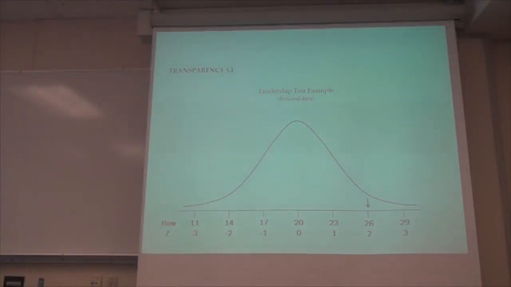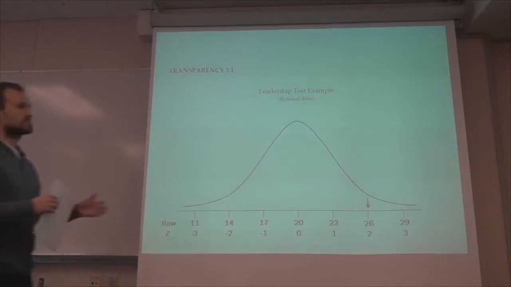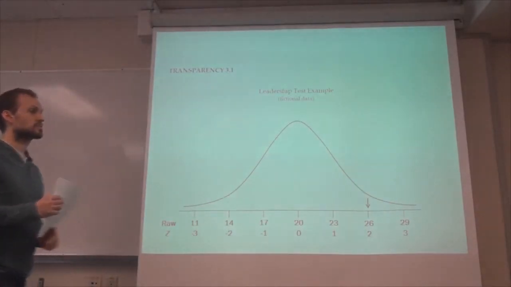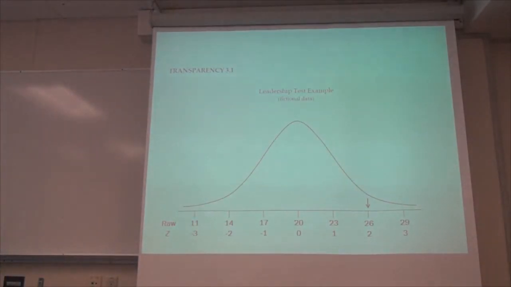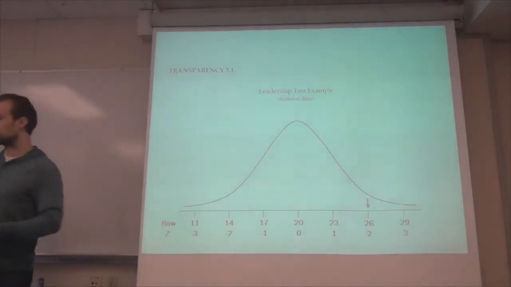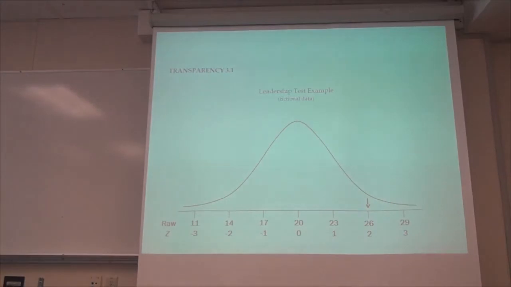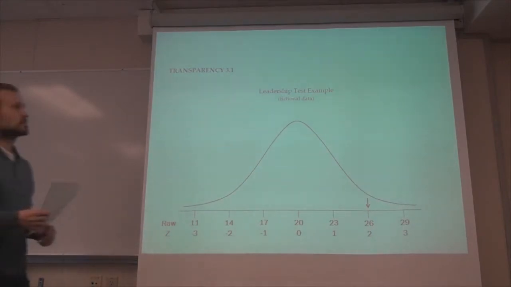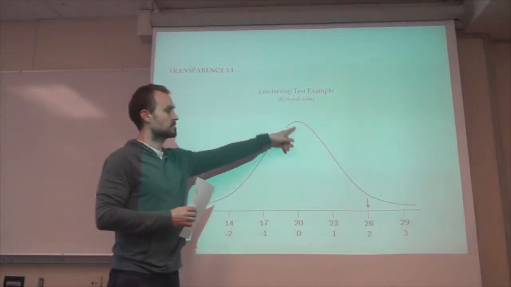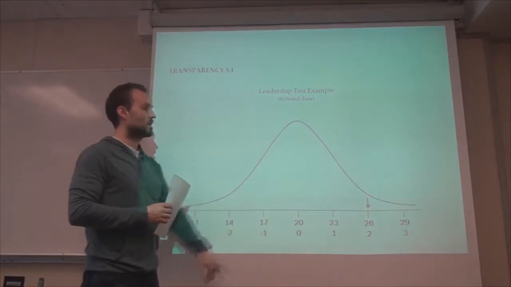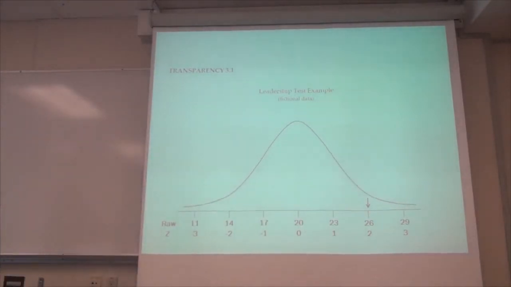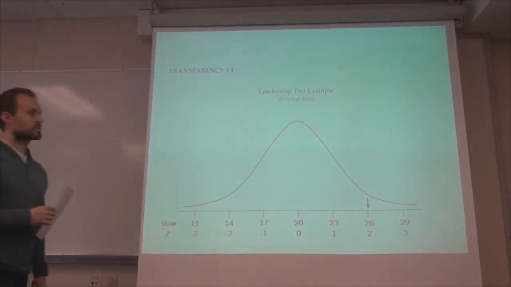So often we have a nice and symmetrical distribution that looks like this. I will call that the normal distribution, the bell curve. And we've seen that in a situation like this, the mean, the median, and the mode would all agree, or pretty much agree with each other.